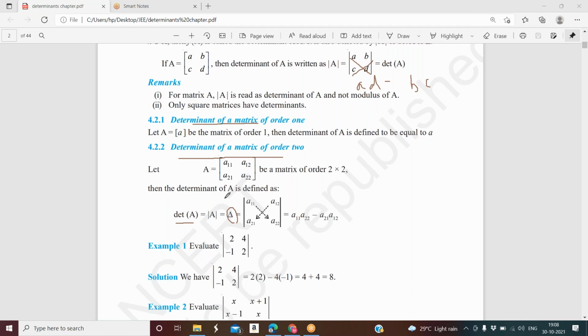We use this symbol to denote determinant of A. It is given by A11 into A22. You cross multiply these two elements, A11 into A22, then add minus sign, then we multiply A12 and A21. So determinant of A is A11 into A22 minus A21 into A12.